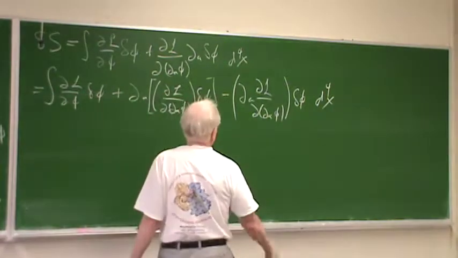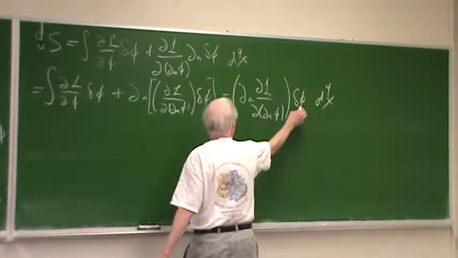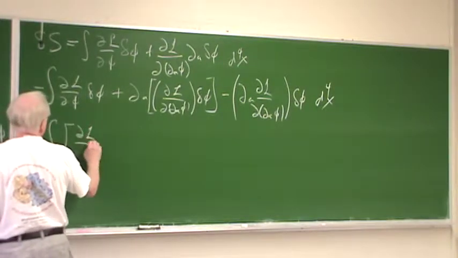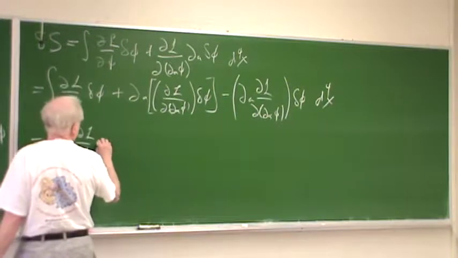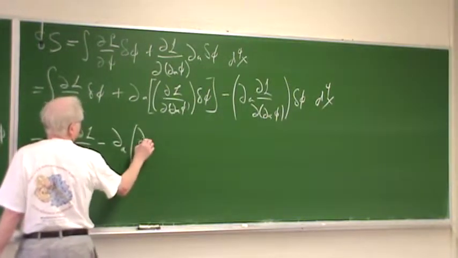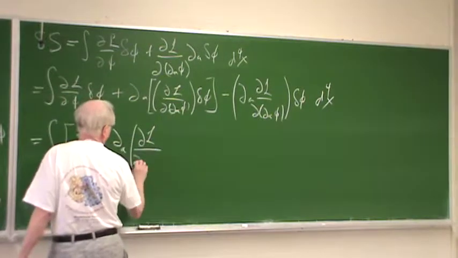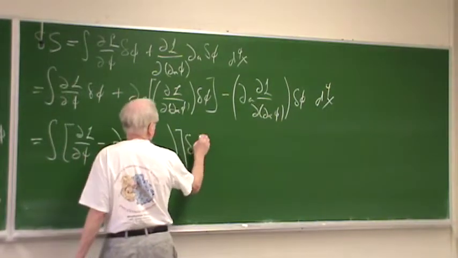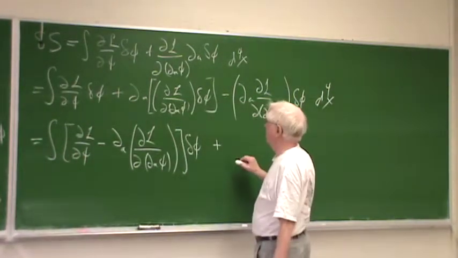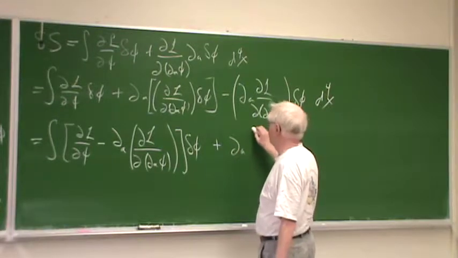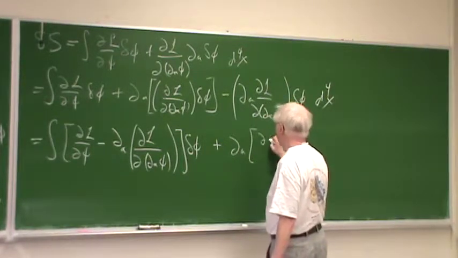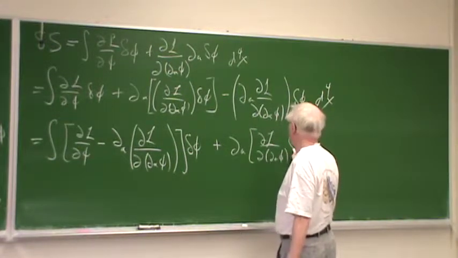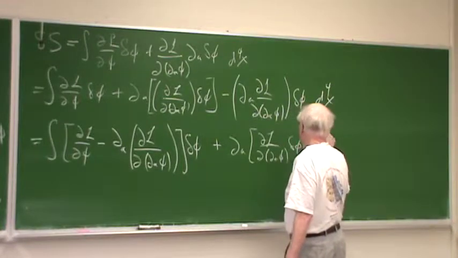All right. Now we put these two together because they both have a simple factor of δφ. So this is an integral of ∂L/∂φ minus ∂_a of ∂L/∂(∂_a φ), all that times δφ, and then we have a total derivative here, of ∂L/∂(∂_a φ) δφ, d⁴x.